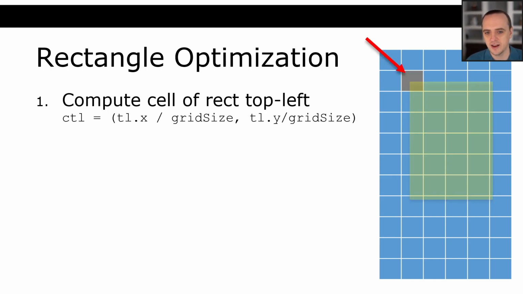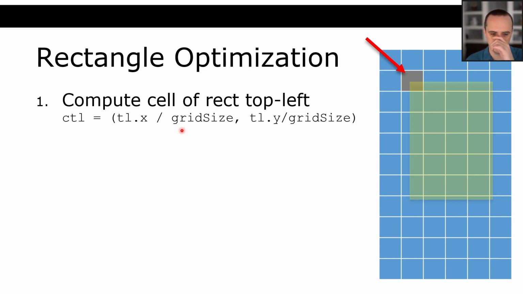So we're going to take that top left location, and that's going to be called TL. So TL is the top left of the rectangle. And we want to compute which cell in our grid representation the top left of the rectangle overlaps with. Well, that's really easy to compute because we just have to divide the x-coordinate of the rectangle by the size of our grid.